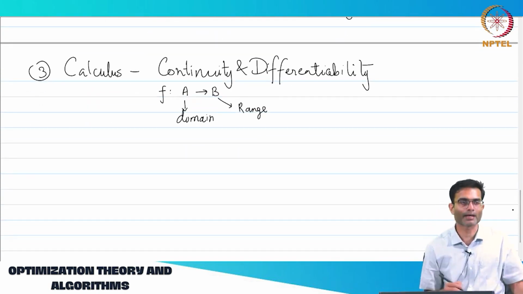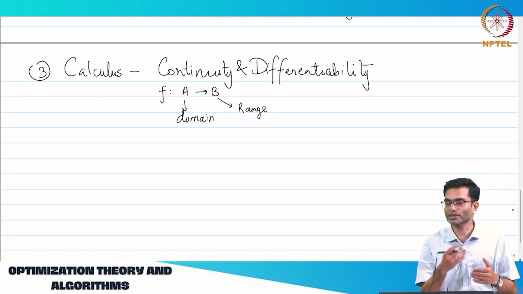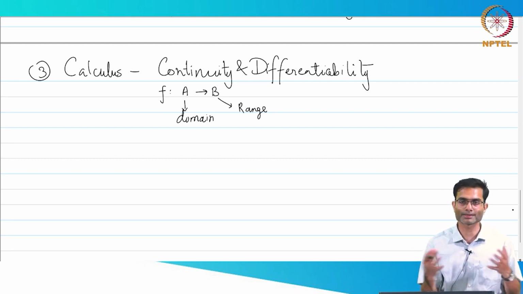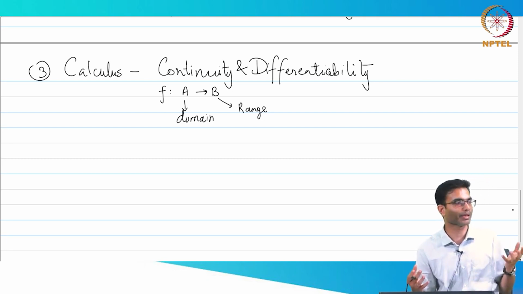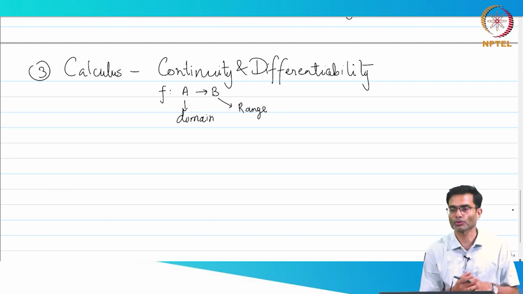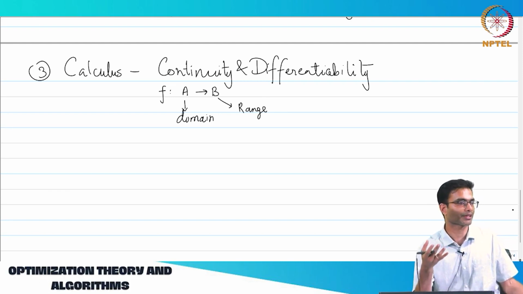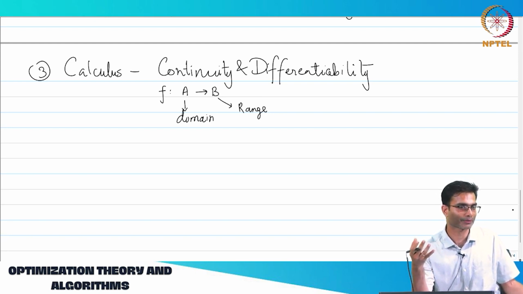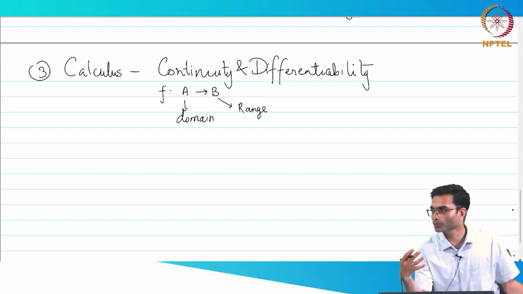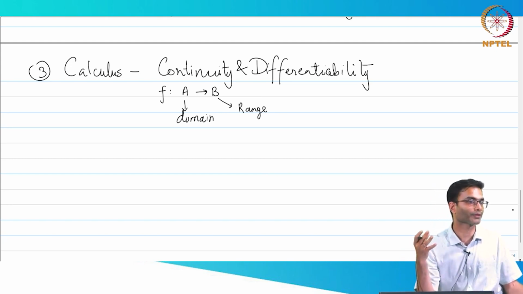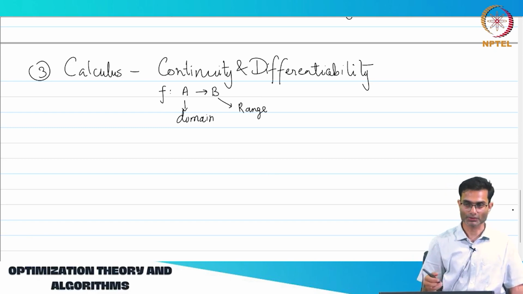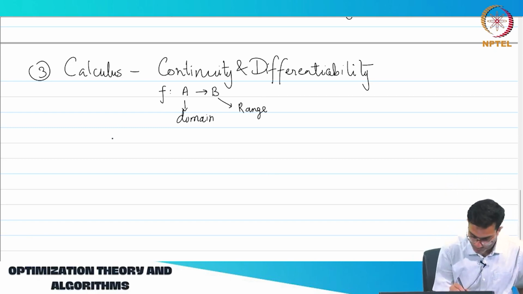So, things get a little bit more broadened and generalized compared to what you studied in high school. In high school, basically class 11, 12, you had a definition of continuity, which was quite straightforward. When we come to n-dimensional space, there are actually 3 different definitions of continuity that we have to talk about. So, let's list those down.